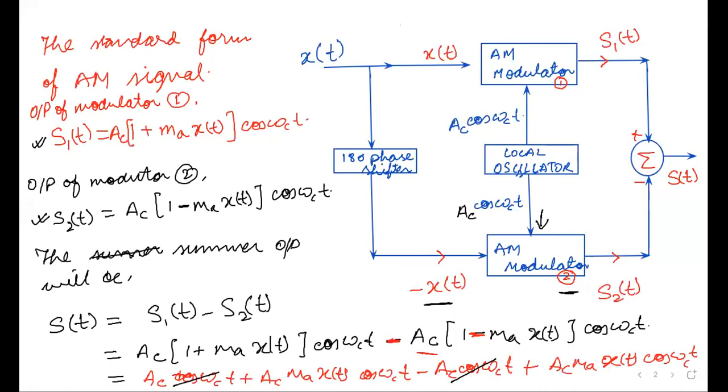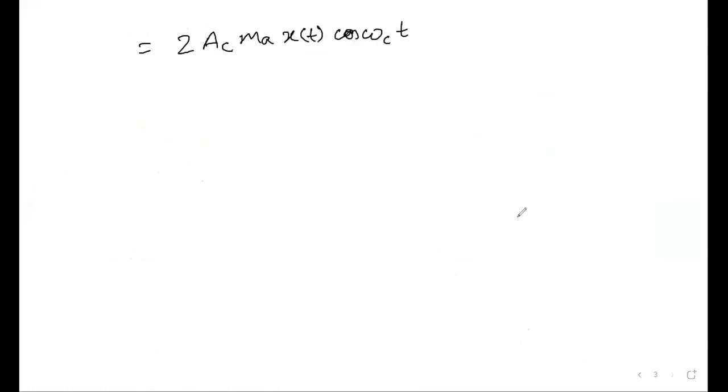So instead of these two terms, AC MA xt cos omega ct and AC MA xt cos omega ct, we can write it as AC dash xt cos omega ct, where this AC dash is simply 2 AC MA. So this will be nothing but the ST.